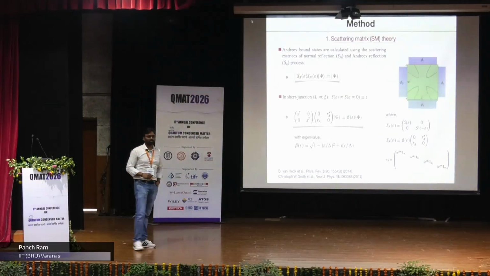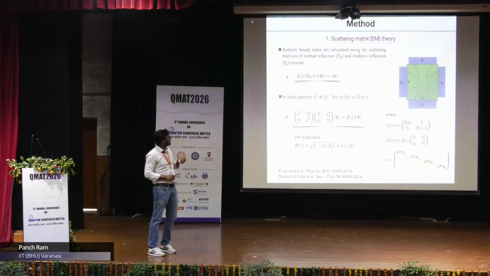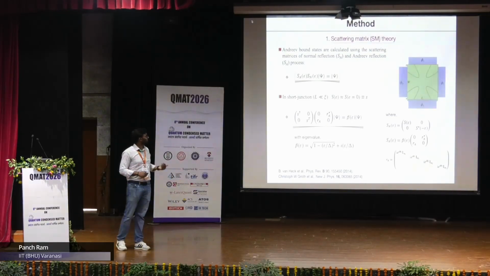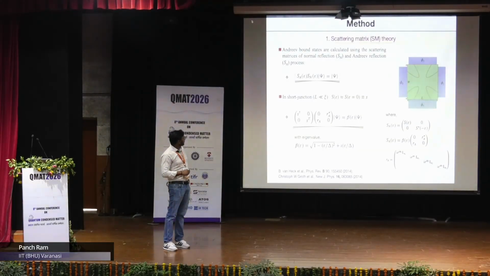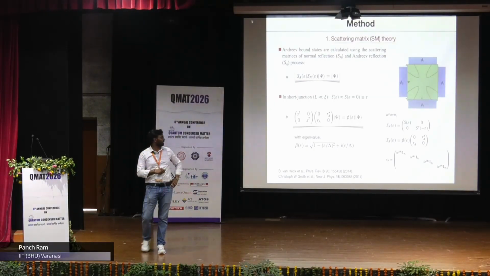Yeah. So what's the method we use to calculate the Andreev bound states? We use this scattering matrix method, which will give you only the Andreev bound inside-the-gap states. So here is the equation where this is the scattering matrix for the normal region, and this is a normal scattering matrix, and this is the Andreev scattering matrix.